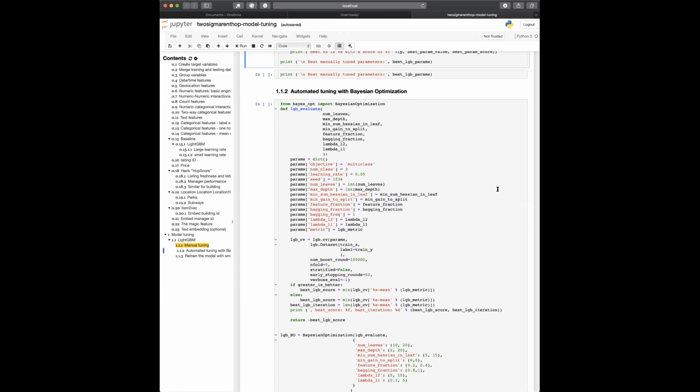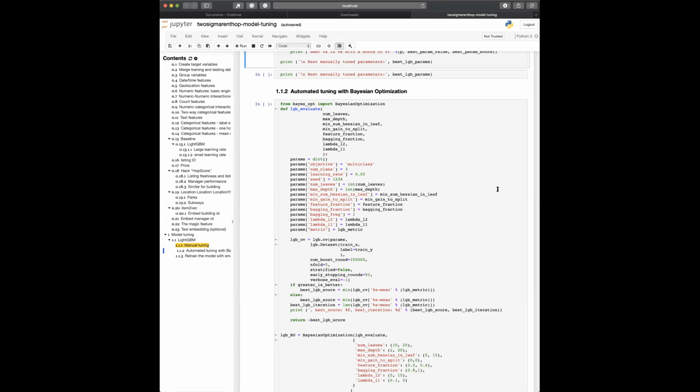Okay, any other questions? Use Hyperopt to do Bayesian optimization. That's the same thing as the Bayesian optimization which I used in this notebook.